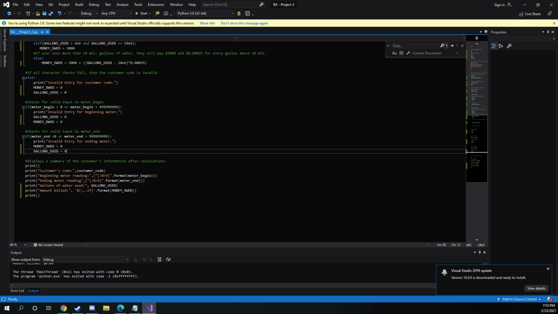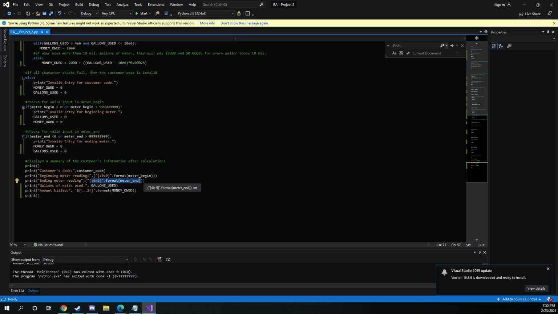But in this case, since we're displaying what the meter readings are, we need to have it in 9 digits. So we use this formatting right here to format the beginning meter and the ending meter to have leading zeros in front so that it can have 9 digits.